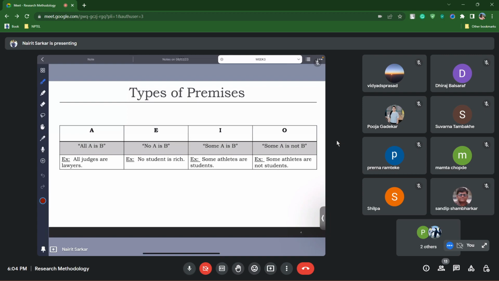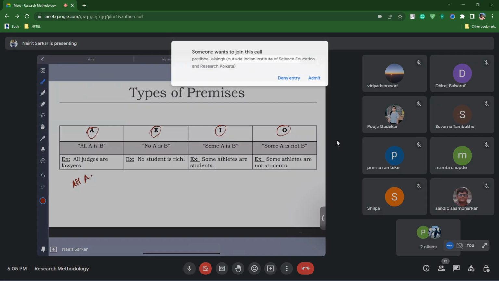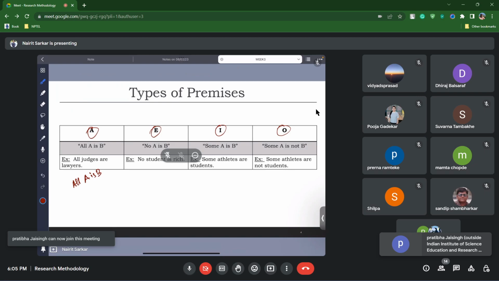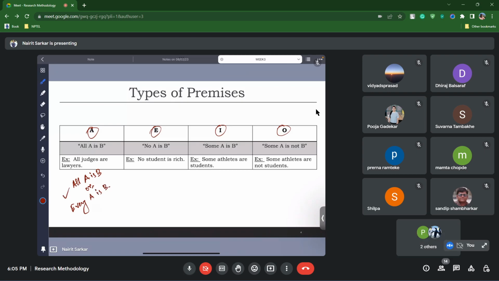That is, A type: all A is B, or every A is B, the same thing. Then no A is B, the E type.